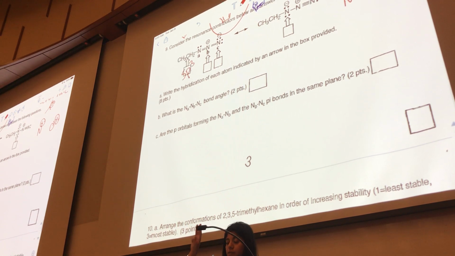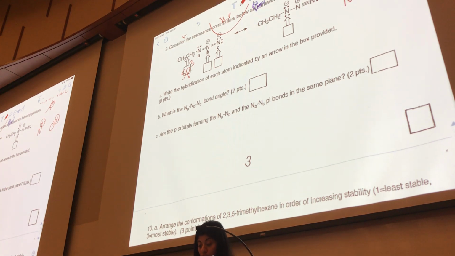You have 4 groups coming off of this carbon, so that gives you one s and three p, sp3. That's how you do it. Make sense? And she showed you the resonance structure here. It's the exact same thing for that carbon, so that's why we keep it sp3 and move forward.